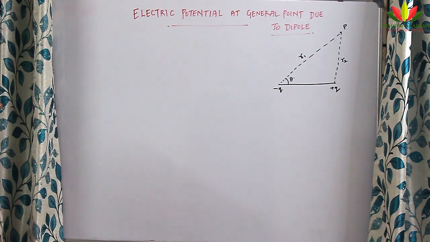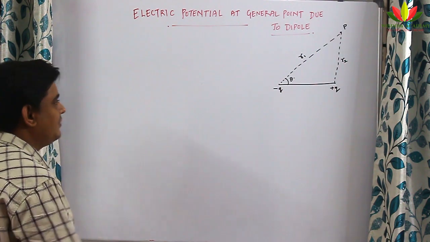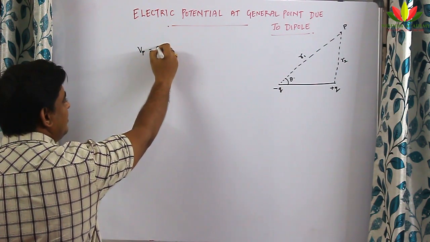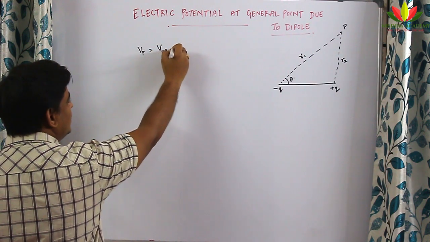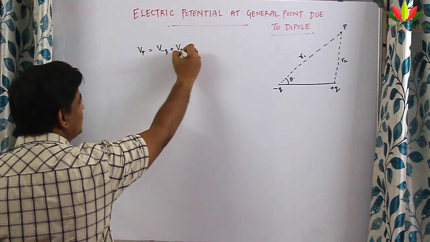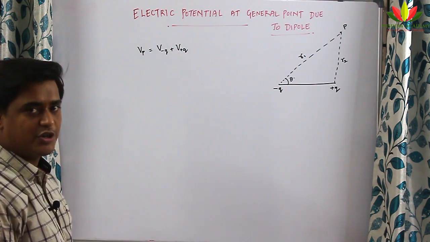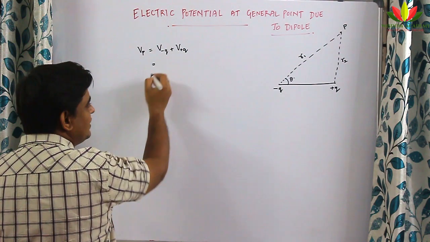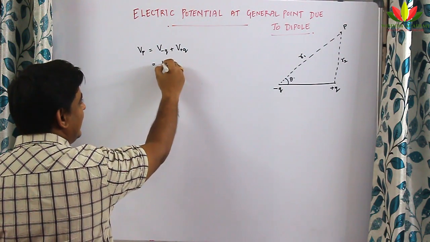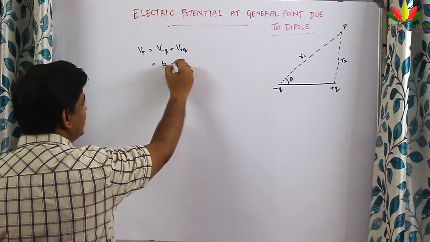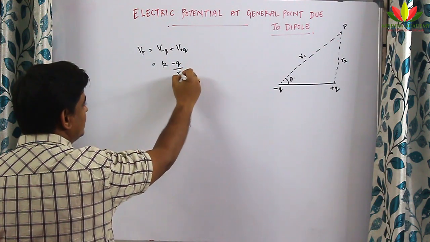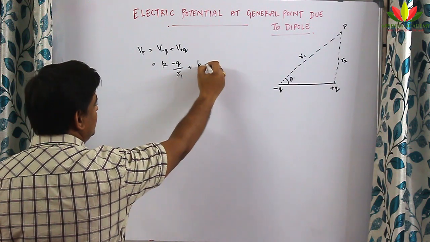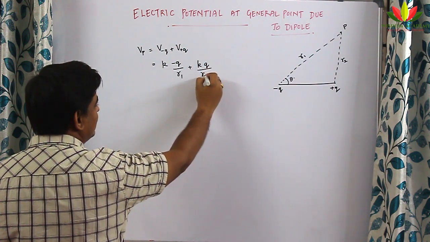Okay. So now what I am going to do, I am going to find the V net at P. So V at P will be equal to what? It will be V due to minus q plus V due to plus q. We know potential is a scalar quantity, so we will do algebraic addition. So what is V due to minus q? It is k into minus q by R1, and for plus q it is k into q by R2.